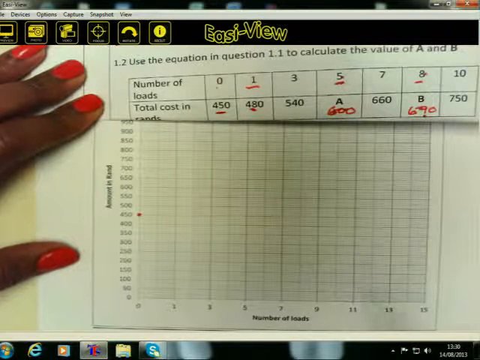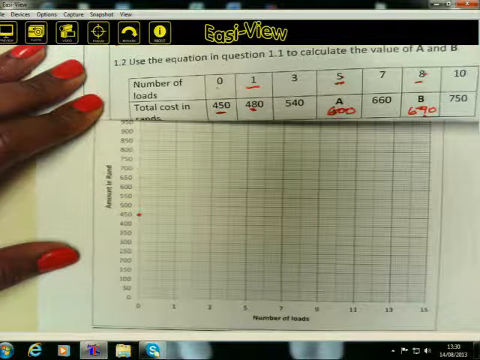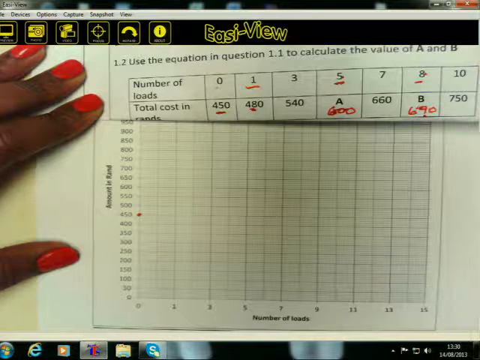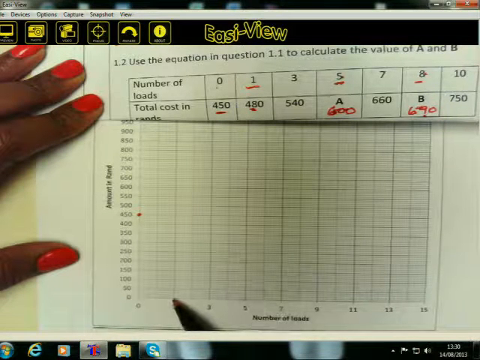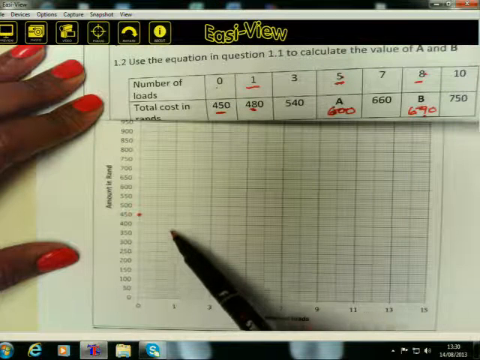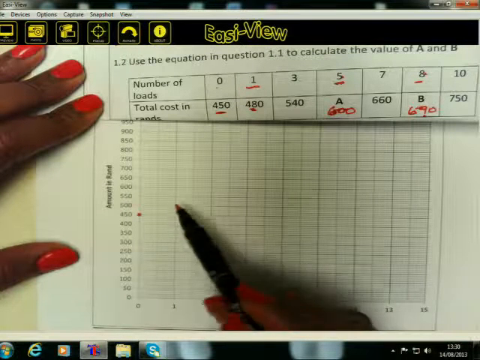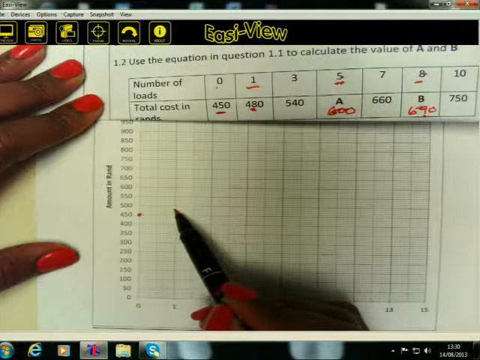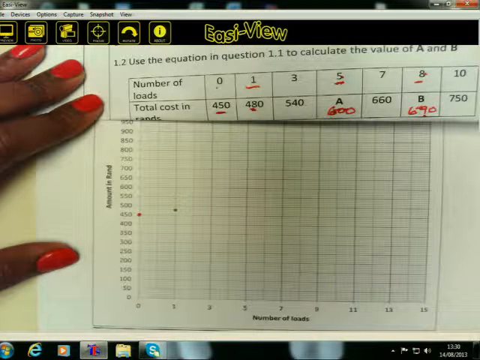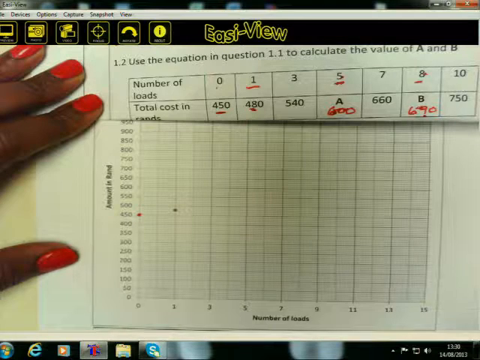The second value is 1 load, and the total cost is 480. So there is 1 load, and let's look at 480, that's 450, 60, 70, 480 will be right there. I think you got that.